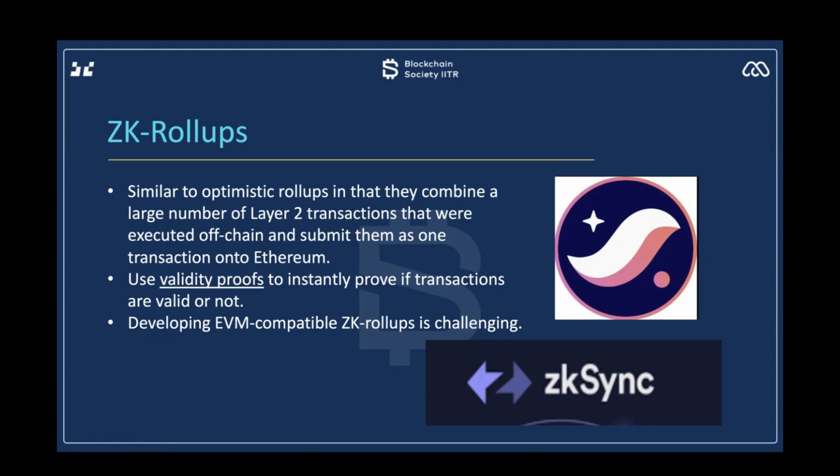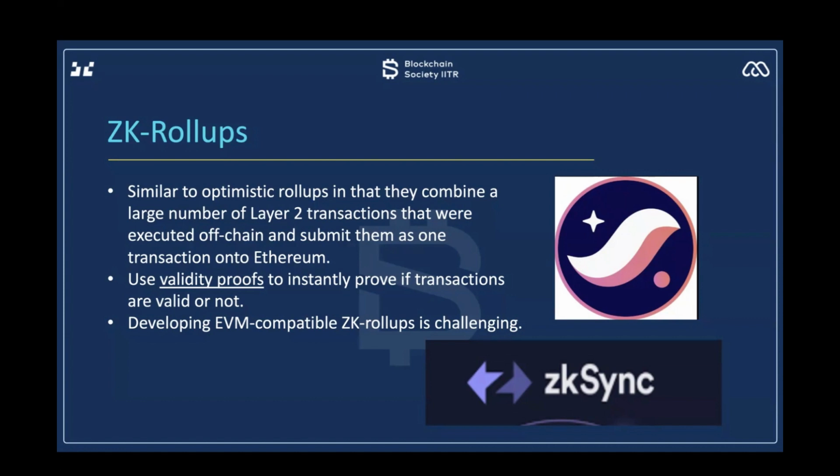But the difference is that there we were optimistically believing that all the transactions are correct, and then there was a dispute period where any verifier can come and raise an issue. Here, a proof is generated for all the transactions that happen, and the proof will be verified by an L1 contract.